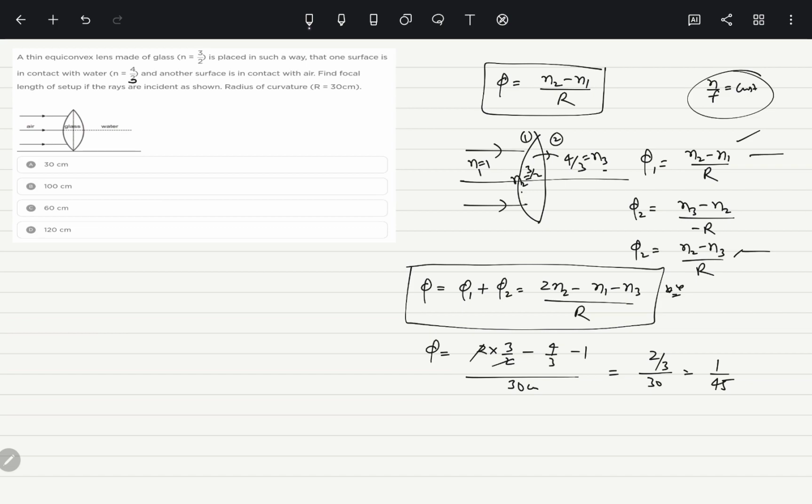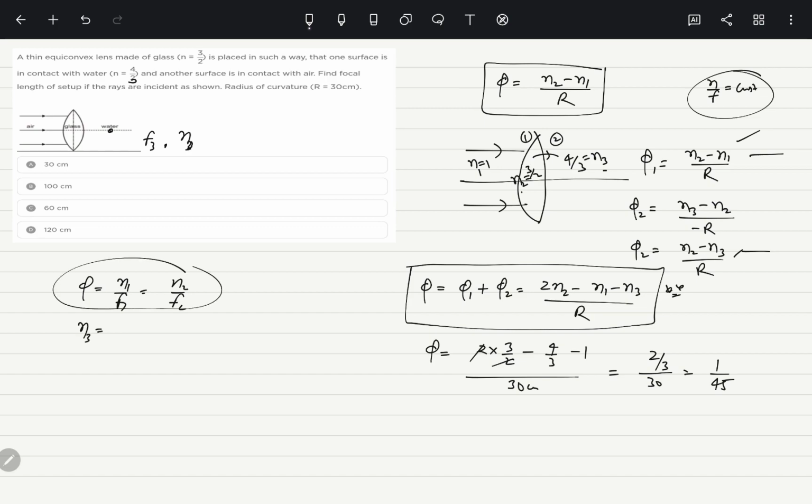Now to find the focal length, we'll use the formula which we saw in the last video. So phi is equal to n1 by f1 is equal to n2 by f2, like that. We want to calculate the focal length in the water medium. So let's take the focal length as f3, with refractive index n3.